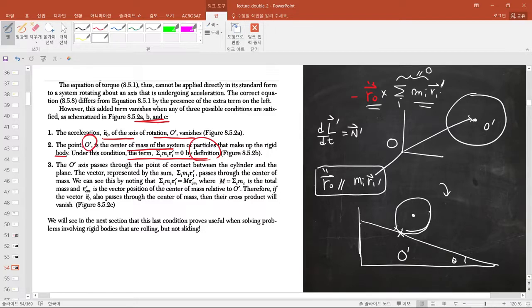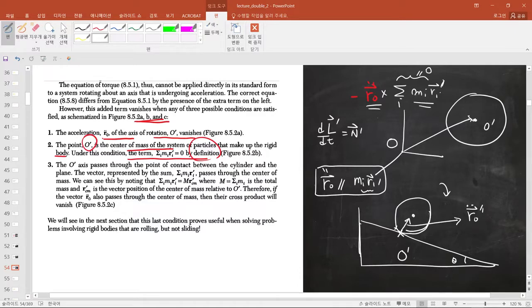Therefore, r0 double dot is in this direction; the acceleration is centripetal acceleration. But this one, by definition of center of mass, will also point in this direction. So therefore they are parallel.